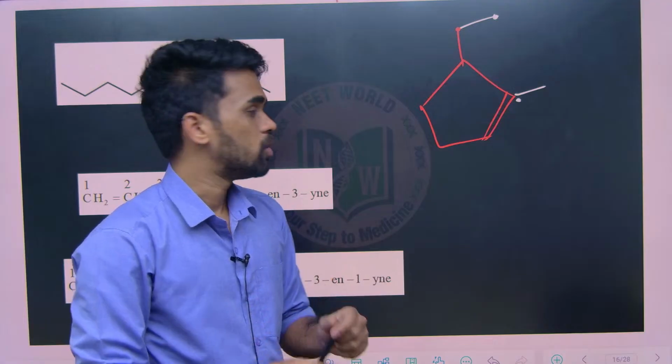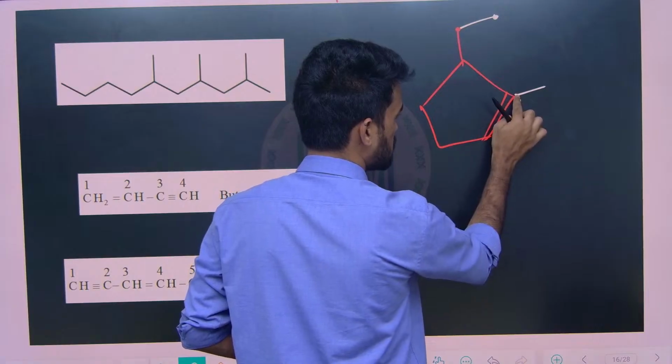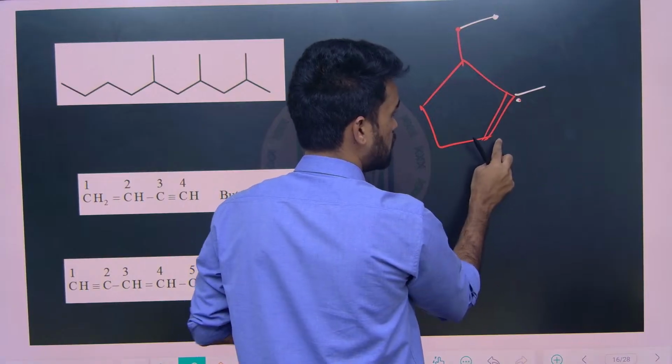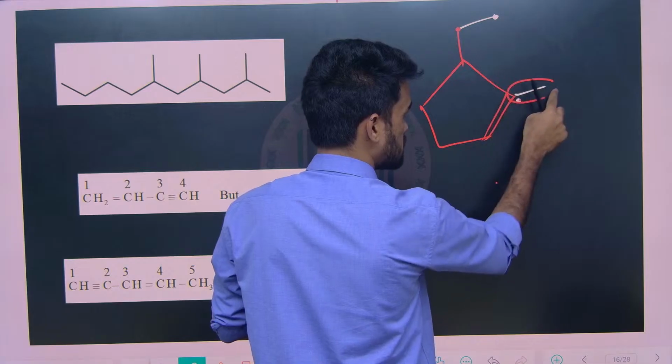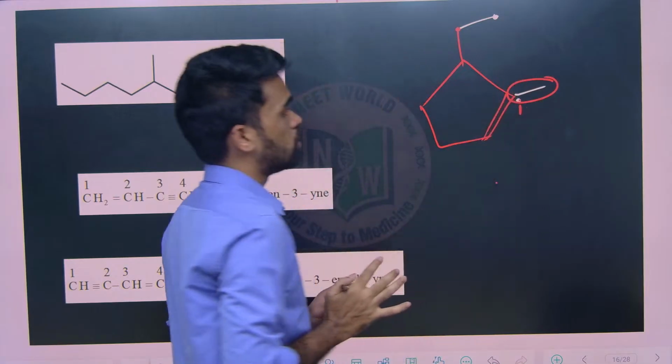So now our functional group is here between these 2 carbons, so I can number from here or here. But as I told you, the substituent is on this carbon, so give number 1 for this. This is 1.